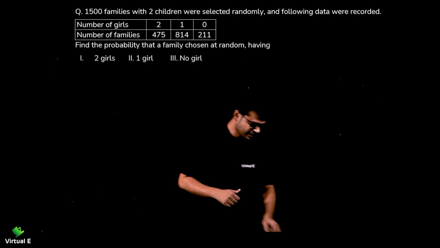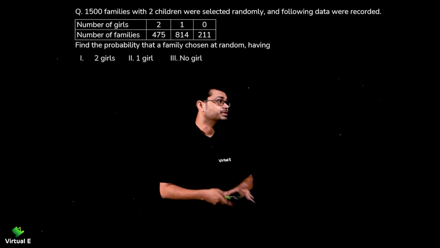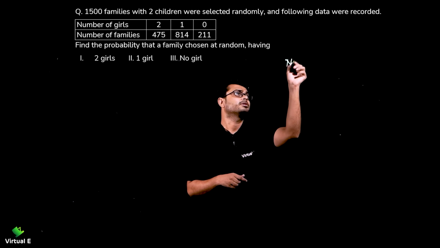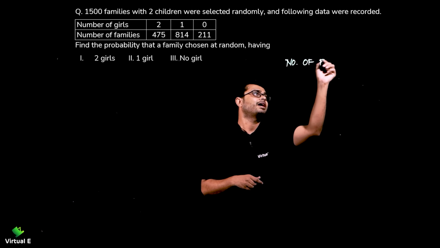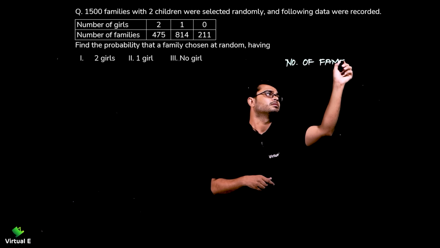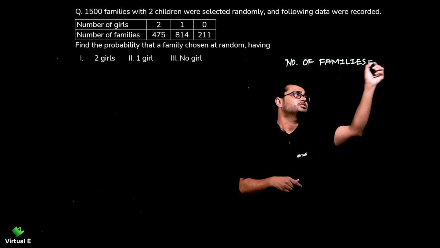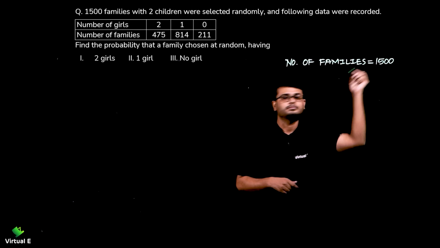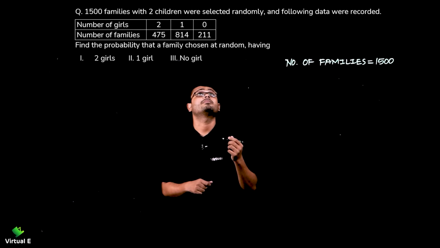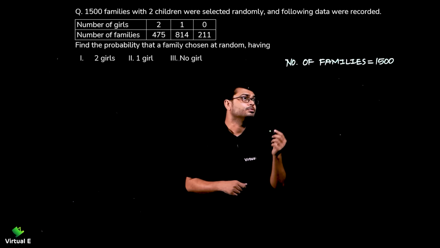Okay, so first of all, let's write the total number of families. The number of families is equal to 1500. We want to find the probability of a family with 2 girls.